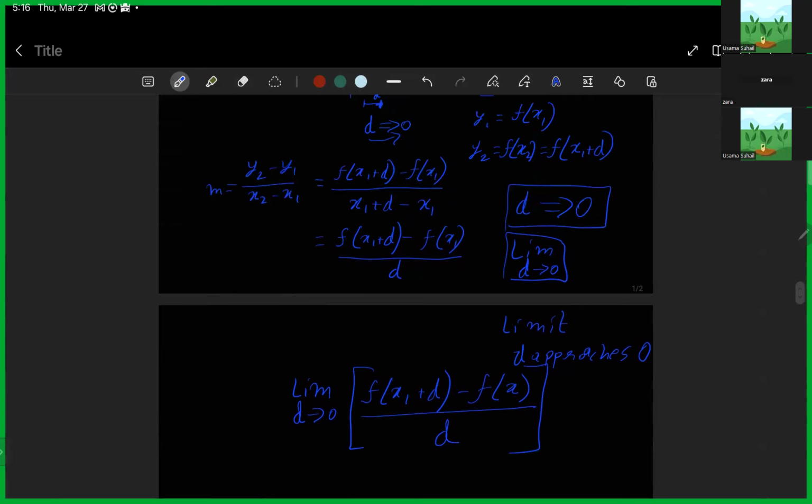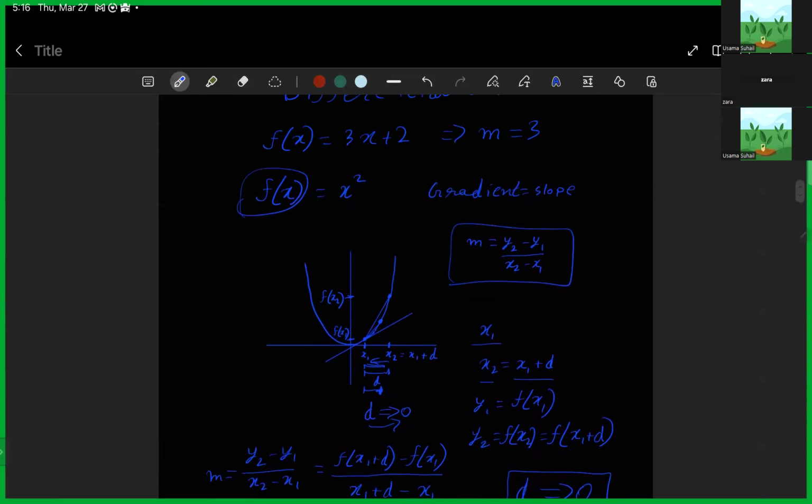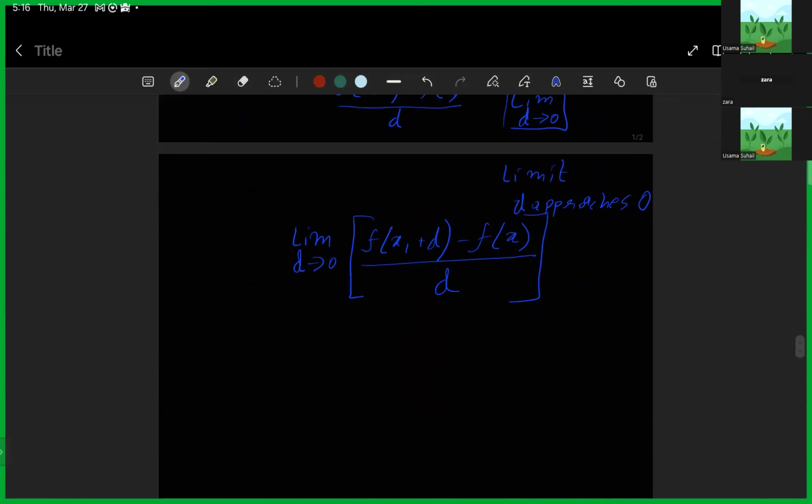Now, what was our function f? It was x squared. So limit d approaches 0, x1 plus d whole squared minus x1 squared all over d.